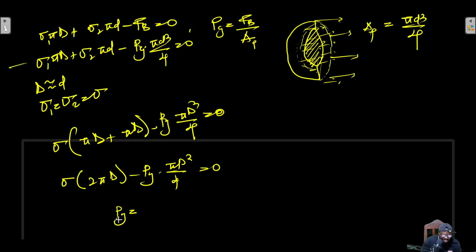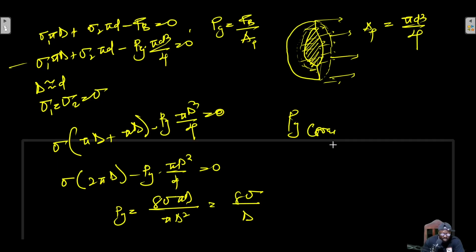So my gauge pressure becomes what? My gauge pressure becomes 2 sigma pi d on pi d squared on 4, which will be 8 sigma on d. So the gauge pressure for a soap bubble is 8 times the surface tension divided by the diameter.